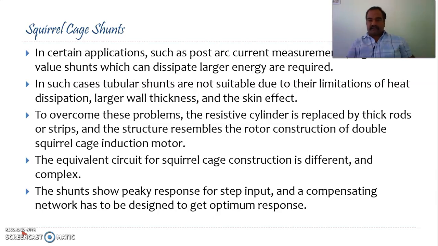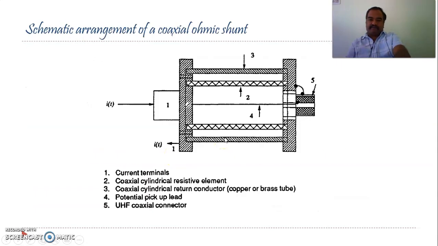Those are also just like your tubular structures, coaxial structures. The resistive cylinder is replaced by thick rods or strips. And the structure resembles the rotor construction of a double squirrel cage induction motor. See, in the coaxial arrangement of ohmic shunts, you are using a small cylinder.